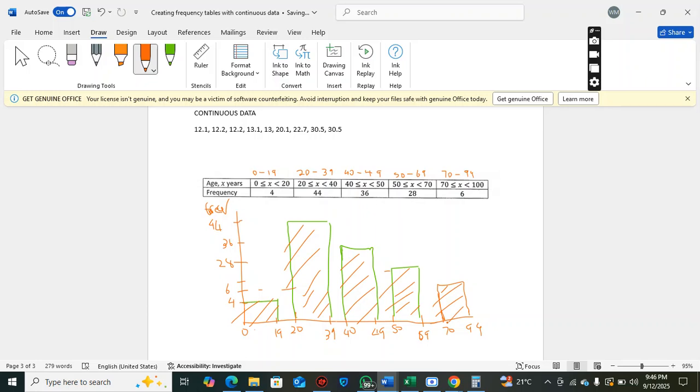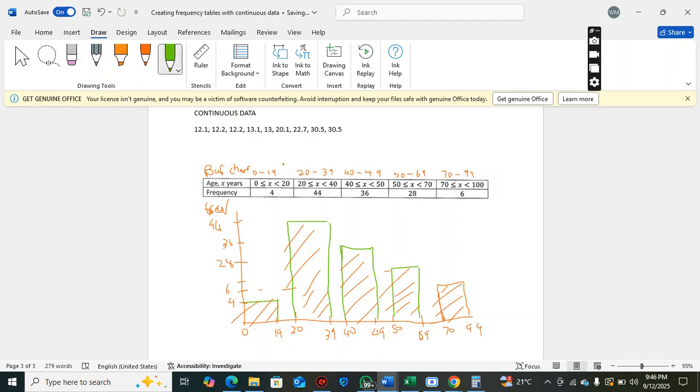So we have to include class boundaries so that there's no space. We look at our class intervals first: 0 to 19, 20 to 39, 40 to 49.